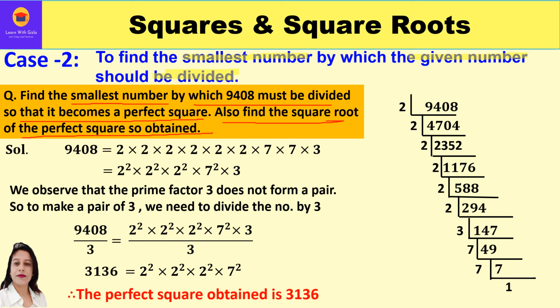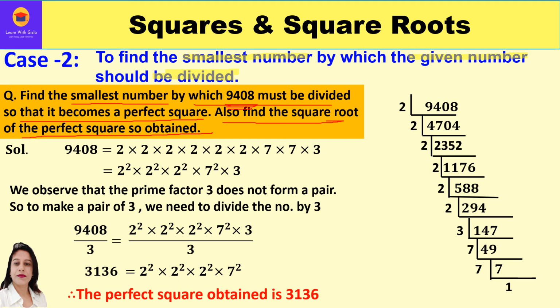So if you observe over here, I have again taken the same number 9408, which I used in case 1, where I had to find the smallest number that should be multiplied to 9408 to make it a perfect square. But in case 2, I have taken the same number, and now I am asking for the smallest number by which 9408 should be divided to get a perfect square number.